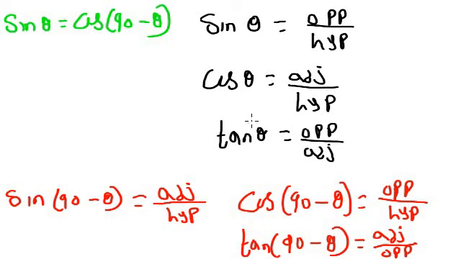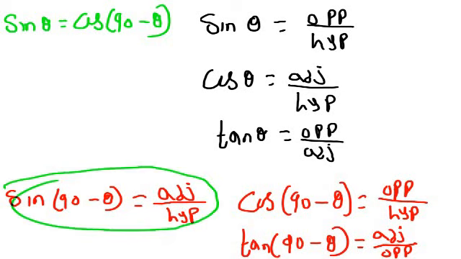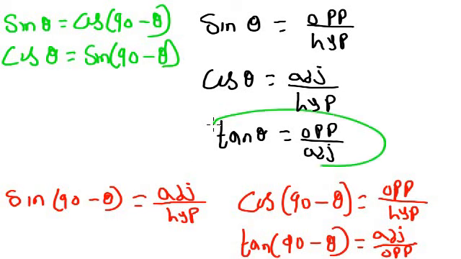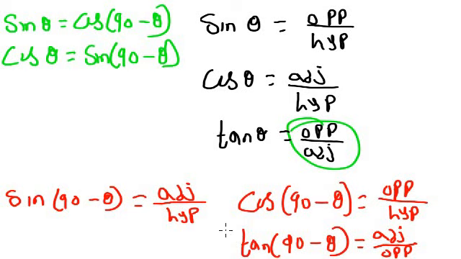Now, do we notice any other pattern? Notice that cos theta, which is adjacent over hypotenuse, produces the same ratio as sine 90 minus theta. So therefore, cos theta is equal to sine 90 minus theta. Now, what about tan theta? Tan theta is opposite over adjacent, but tan 90 minus theta is adjacent over opposite.